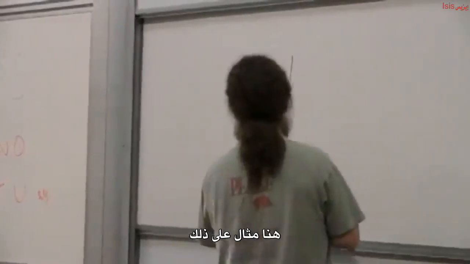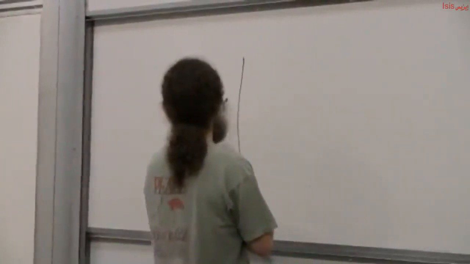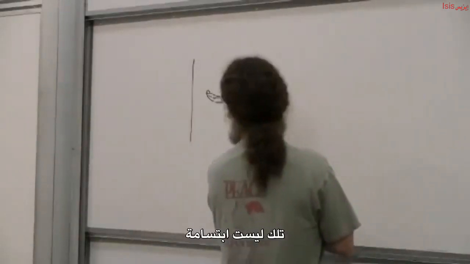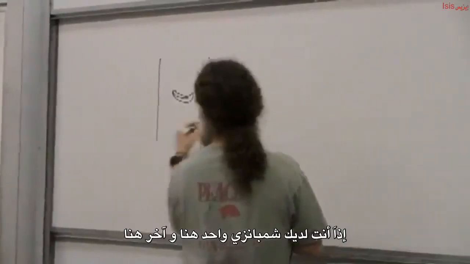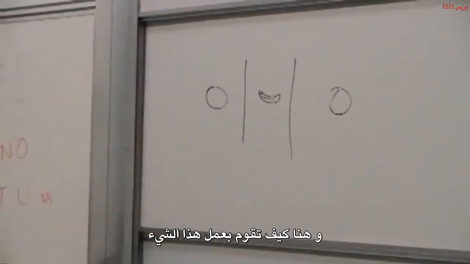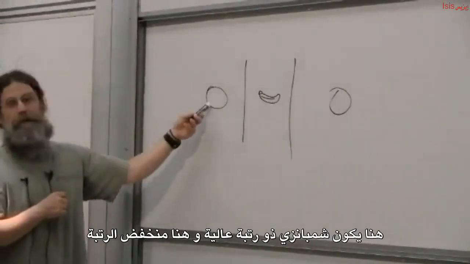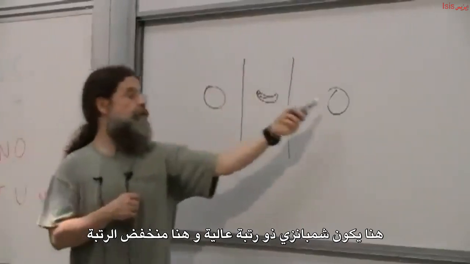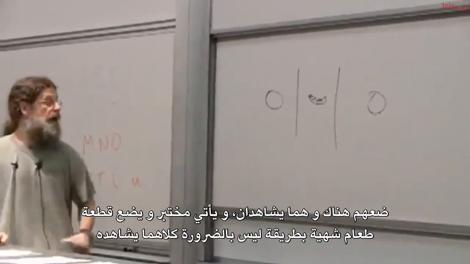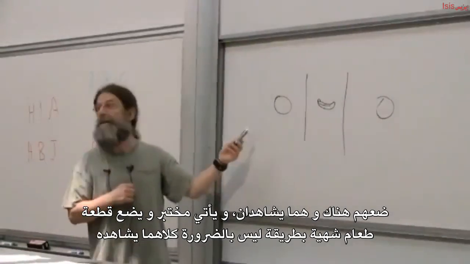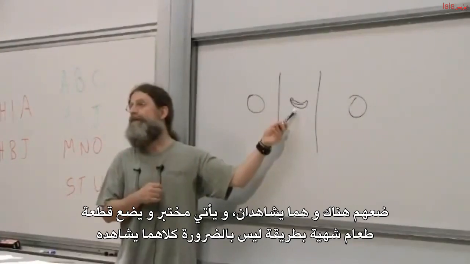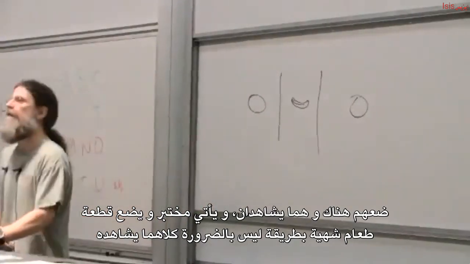Here would be one example. That's not a smile, that's a banana. So you would have one chimp here and one chimp here. And here's how you would do this paradigm: this would be a high-ranking chimp, this would be a low-ranking one. Put them in there, and they're watching, and an experimenter comes along and puts down a really cool piece of food.